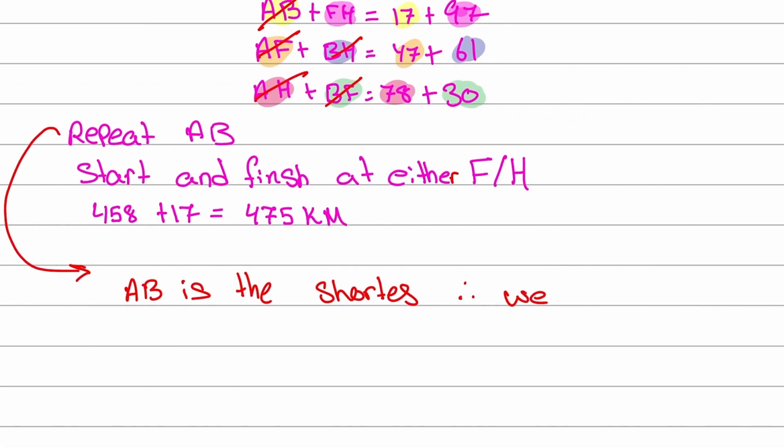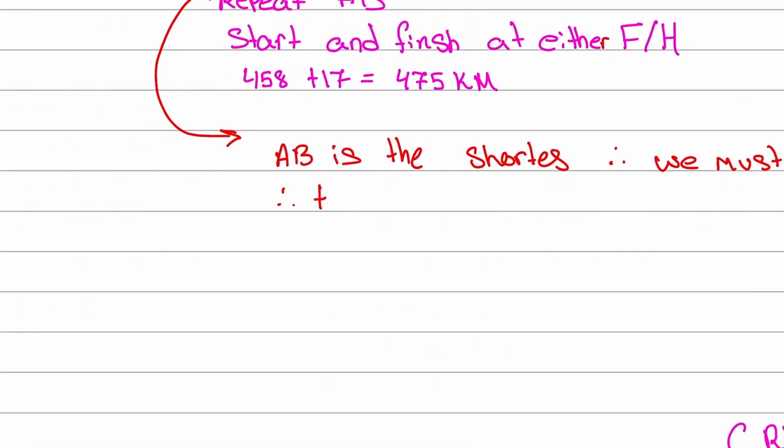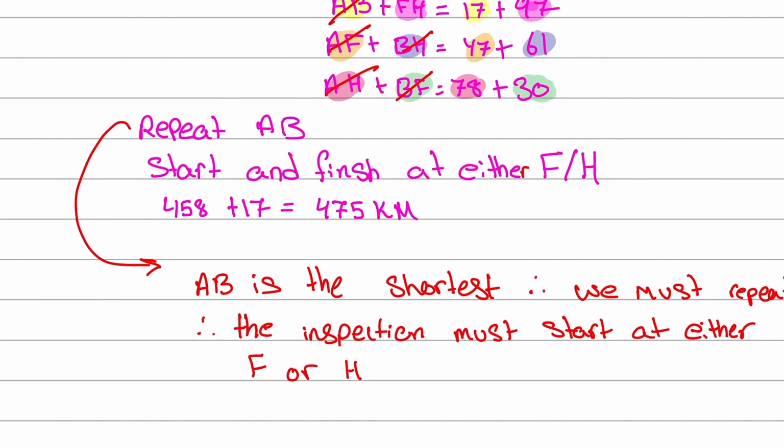Therefore, we must repeat A and B. And then, therefore, the inspection must start at either F or H. This should be shortest.